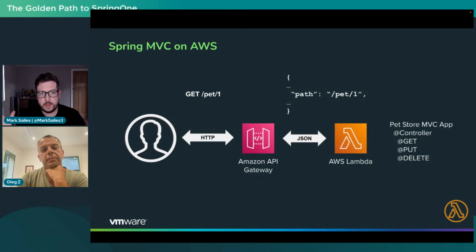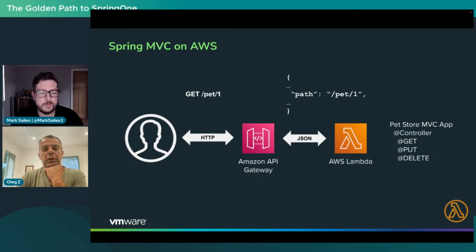API Gateway sends a JSON payload representation of that HTTP request for Lambda to handle. Then Lambda has to work with Spring Cloud Function to take that JSON payload, which we've seen Oleg demonstrate, and adapt it to something that your Spring MVC app can understand.